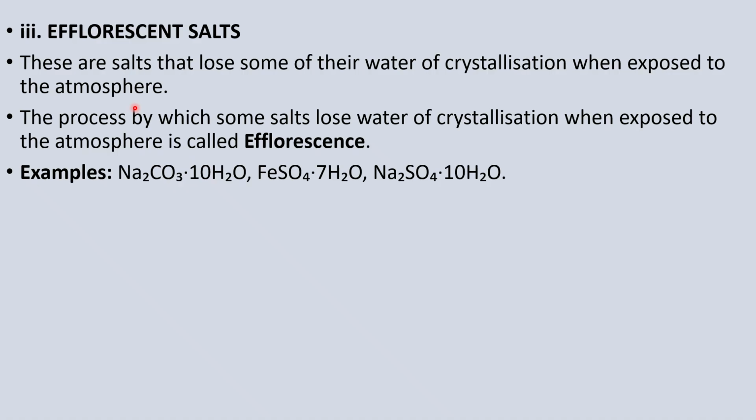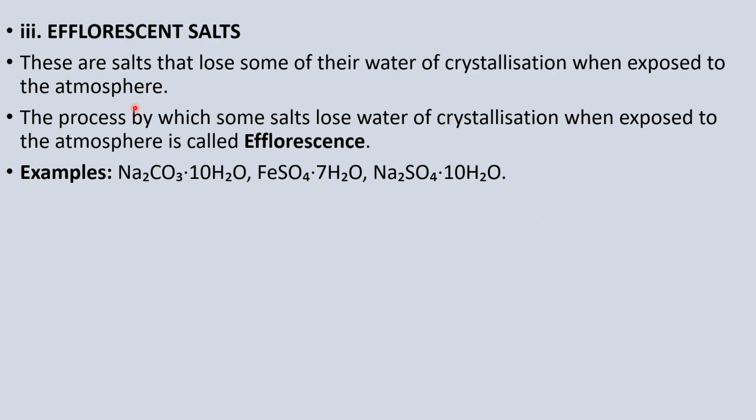The process by which some salts lose water of crystallization when exposed to the atmosphere is called efflorescence. So efflorescence is the process, and efflorescent salts are the salts that lose some water of crystallization when exposed to the atmosphere.